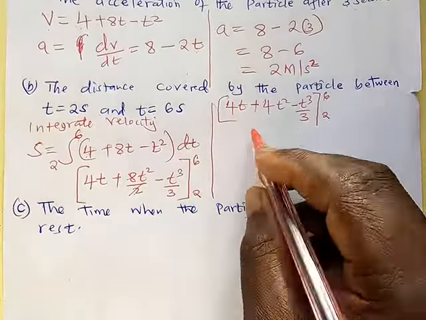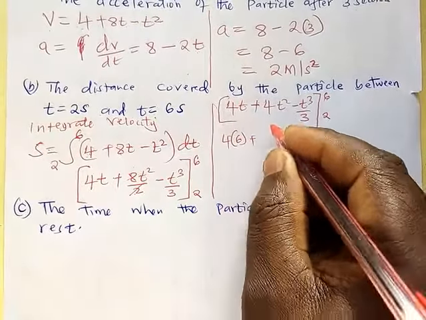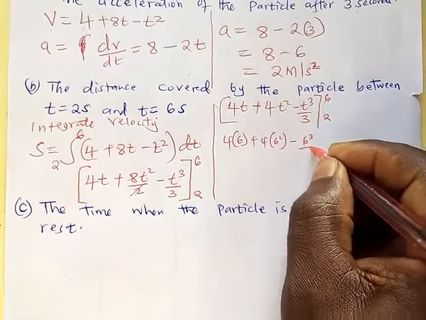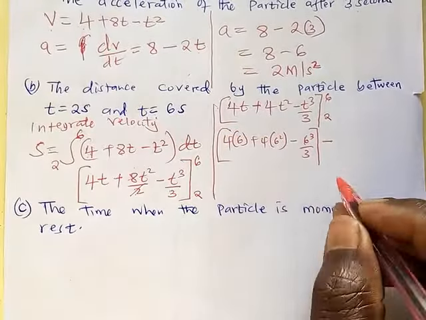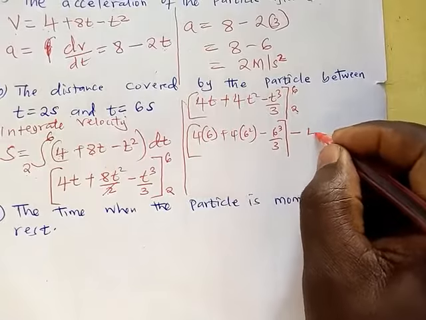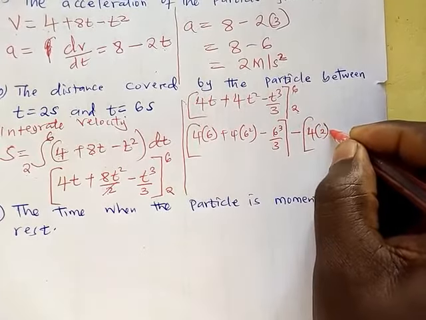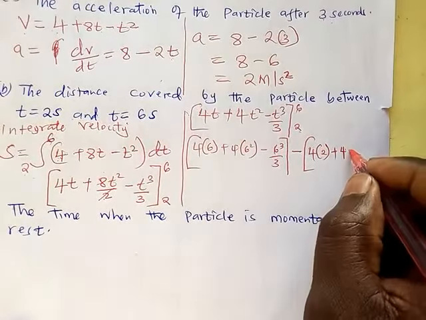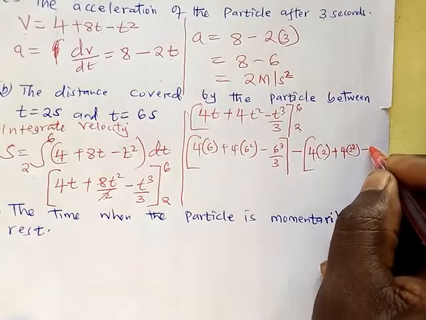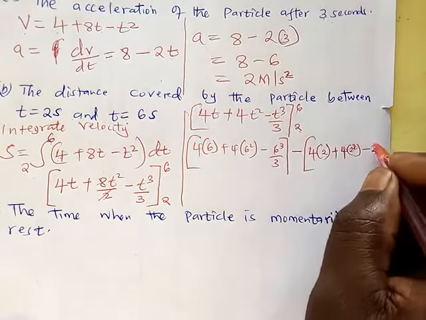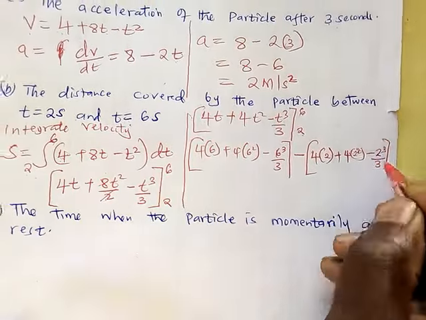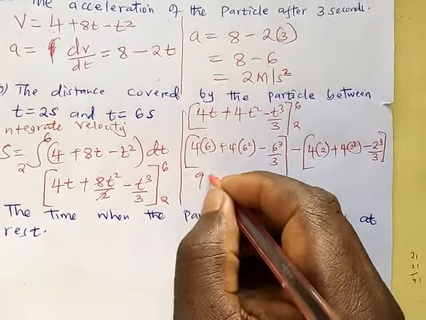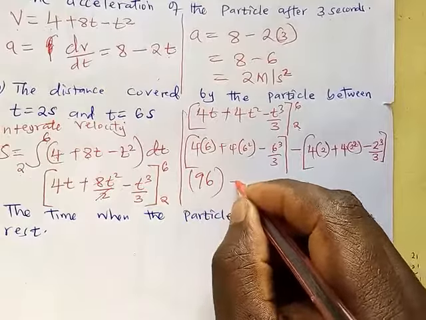So we are going to have 4 into 6 plus 4 into 6 square minus 6 cube divided by 3, everything minus, when the limit is 2, that is 4 into 2 plus 4 into 2 square minus 2 to power 3 divided by 3, and everything here will give us 96 minus 21.25.